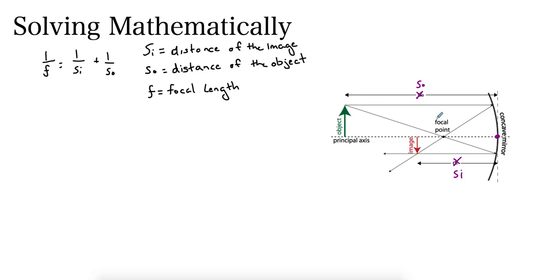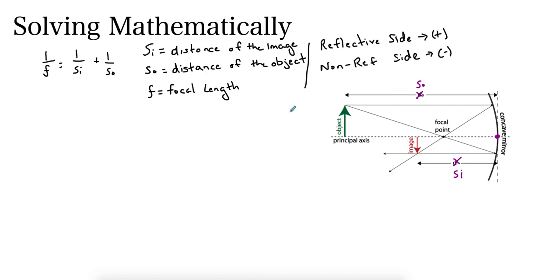Any of these on the reflective side will be positive, and the non-reflective side is going to be negative. That's just a general definition, and this will tell us more or less all the problems that we need to solve.